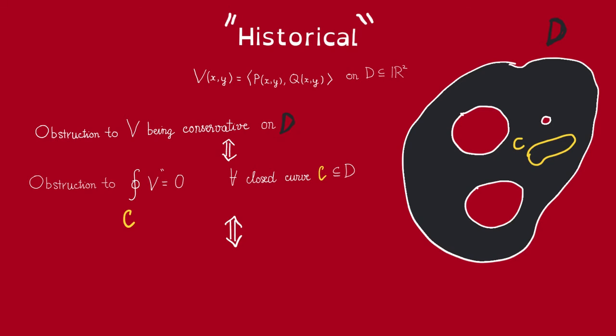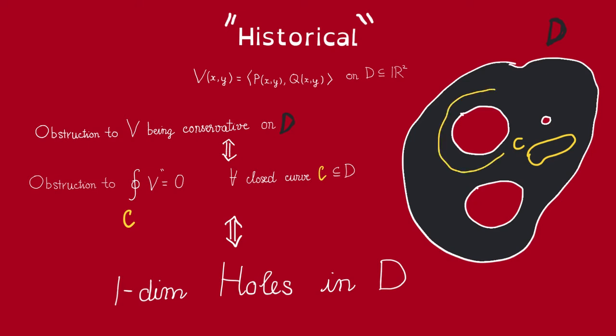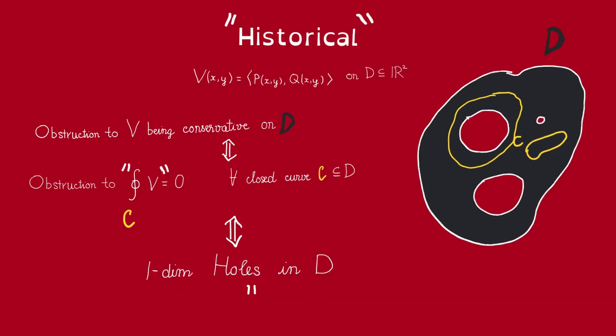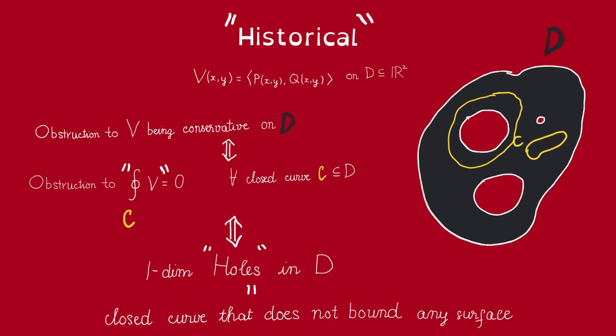And the obstructions to that are exactly the one-dimensional holes in D. That is because the integral of V along any closed curve that does not contain a hole inside it must be 0. So the troublemakers must be the curves that contain a hole. Now, but what exactly are holes? Well, we can think of them as closed curves that do not bound any surface.